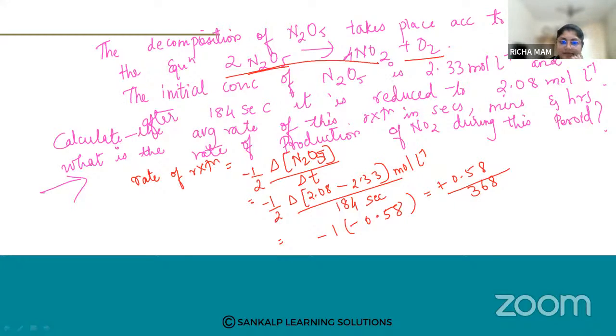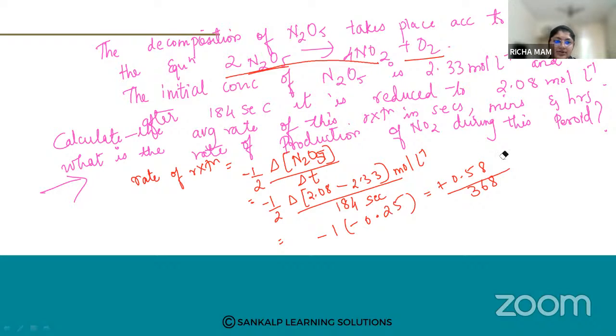Let us see again. 2.08 minus 2.33 minus 0.25. 2.33, it is coming minus 0.25, not 0.58. Okay, here it is coming 0.25. How much again? 2.08 minus 2.33 is minus 0.25.